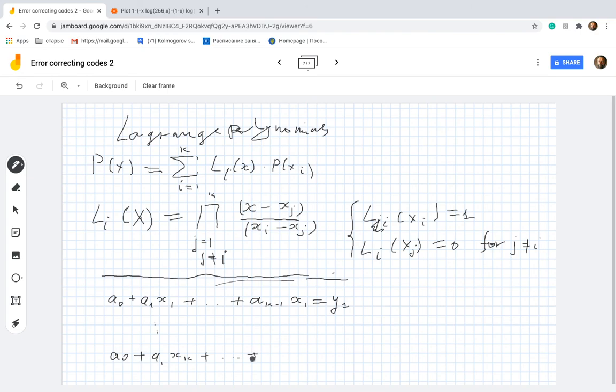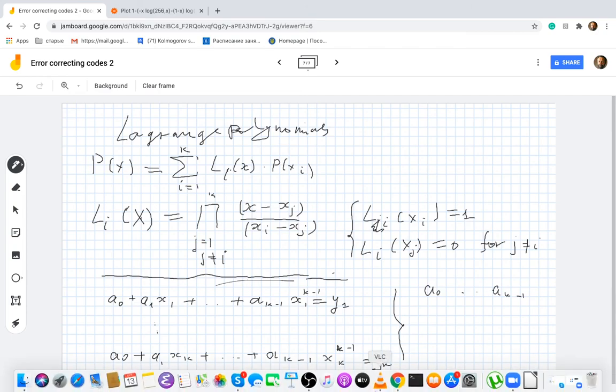So each such constraint is expressed as a linear equation: a0 plus a1 x1 and so on up to ak minus 1 times x1 to the k minus 1 equals y1, and here, up to xk to the k minus 1, is equal to yk. So in these equations, the variables are a0 through ak minus 1, and x1 through xk and y1 through yk are some fixed elements.